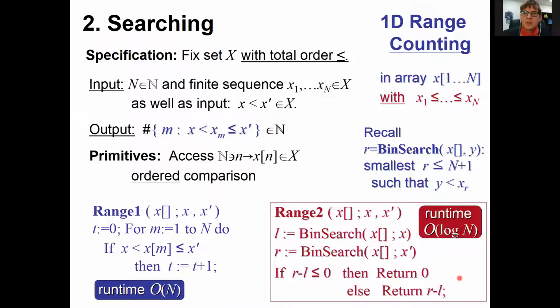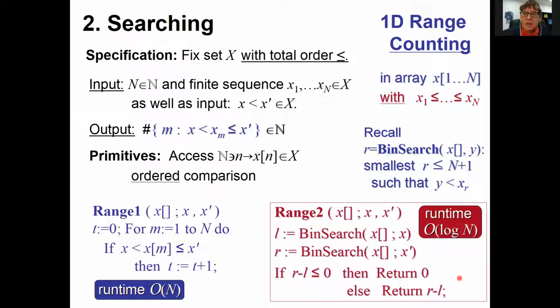And before I do that, let me introduce to you a different algorithm that solves the one-dimensional range counting problem. We already have solved it, and this algorithm is already optimal, but it does not generalize to higher dimension. I still owe you the specification of the higher dimensional version.